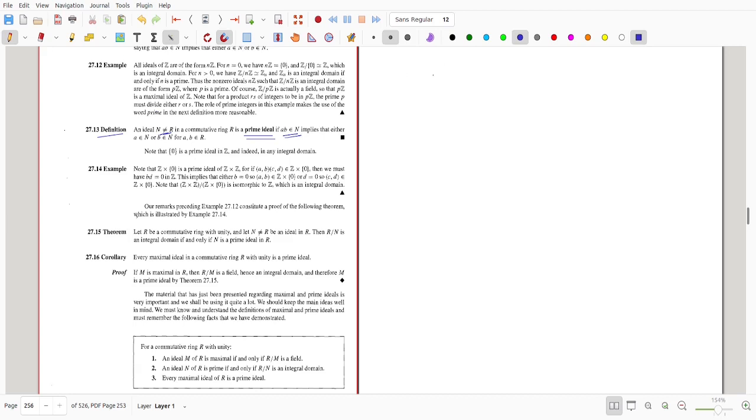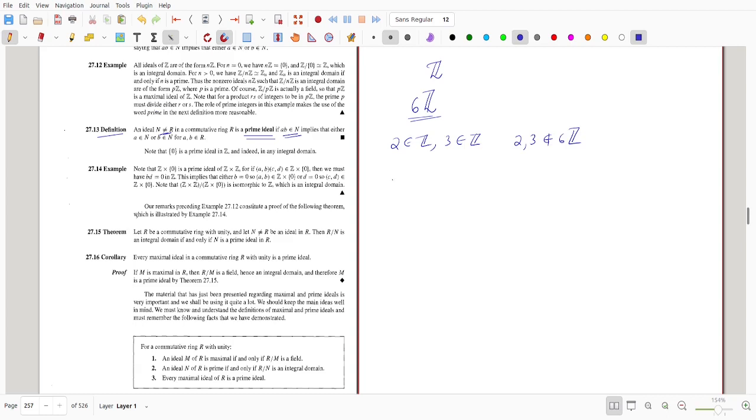That means if you consider an ideal of Z, say 6Z is an ideal. Now you think of two elements. 2 is an element of Z, 3 is an element of Z, but both 2 and 3 are not elements of 6Z.